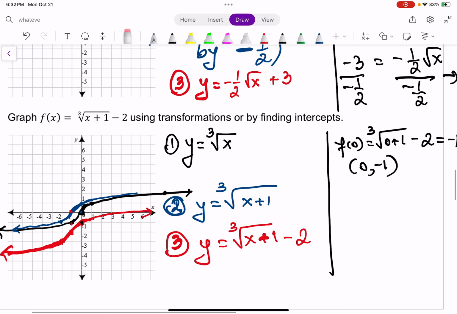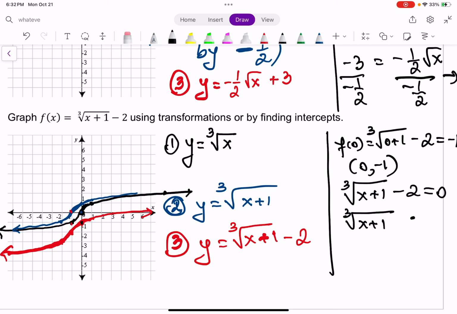If you set the function equal to 0 and solve for x, okay. So again, we're going to add the 2 over to the other side. Then to get rid of a cube root, we will cube both sides. That takes away the cube root, and 2 cubed is 8. So minusing the 1 gives me an x of 7. I made it cross a little too soon, so it actually crosses here at 7.